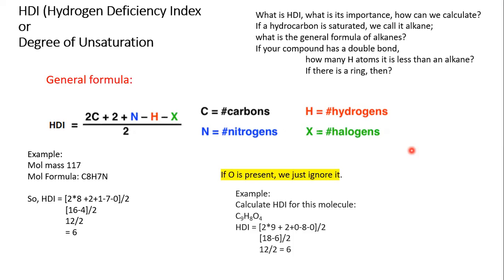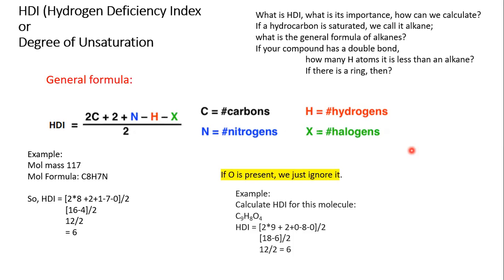Okay. If a hydrocarbon is saturated, that is, if it is an alkane, then we know that it will have a certain number of carbons, and because carbon forms 4 bonds, there will certainly be a certain number of hydrogens.